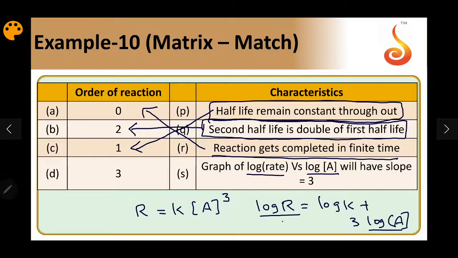So this is y is equal to mx plus c. Slope will be equal to 3 and intercept is equal to log of K. So this is mapped directly to S. Okay, so A for R, B for Q, C for P, and D for S.